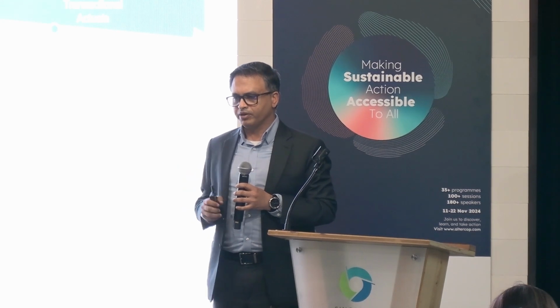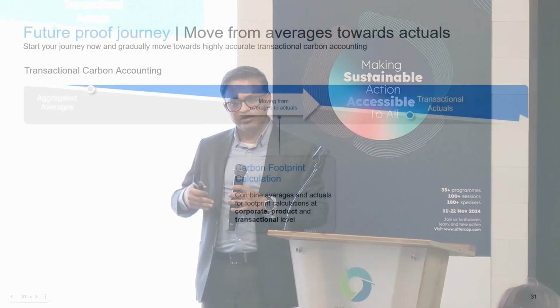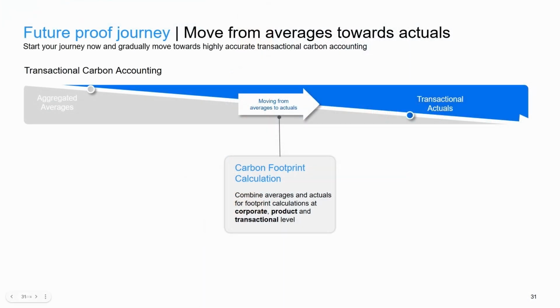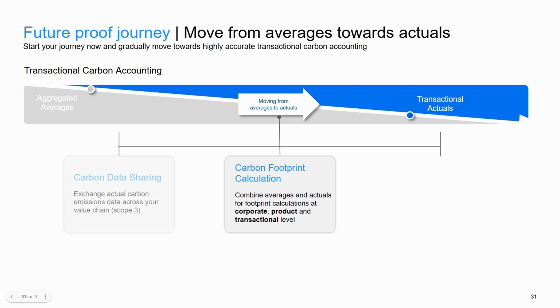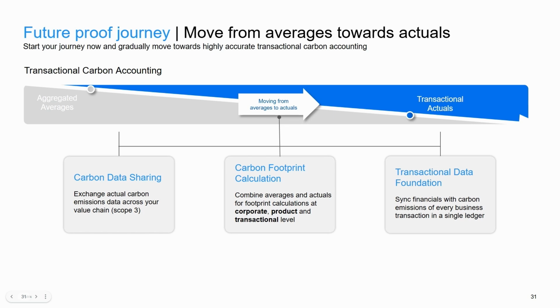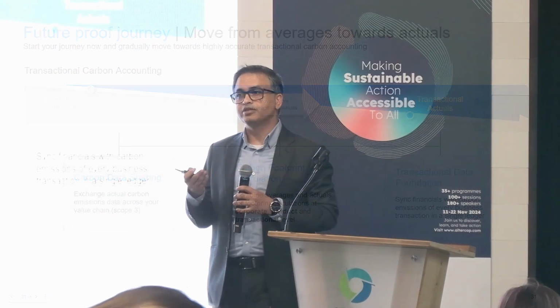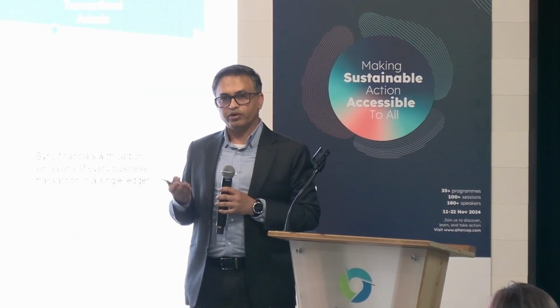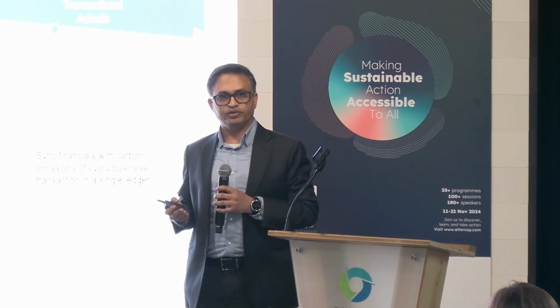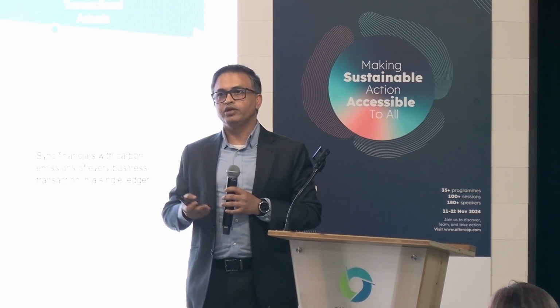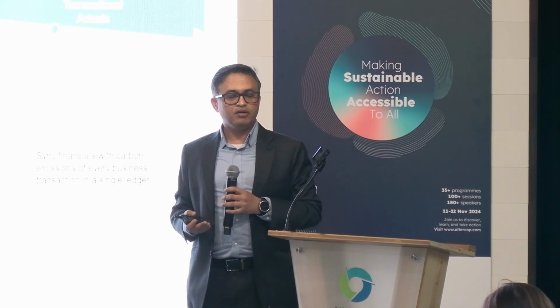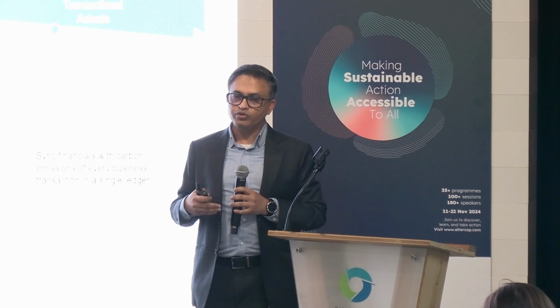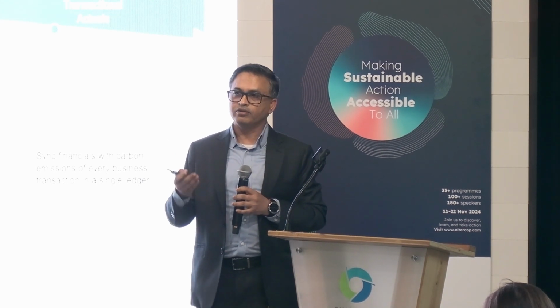You can start with our carbon footprint calculation software right now, but if you are thinking of making it more accurate, we have software which helps you collaborate with your suppliers. That carbon data sharing is the platform using which you can ask every supplier for the product emission, PCF, of what they are supplying to you, so that you can do your own calculation. That is one. But from a decision making point of view, your procurement team will get visibility.